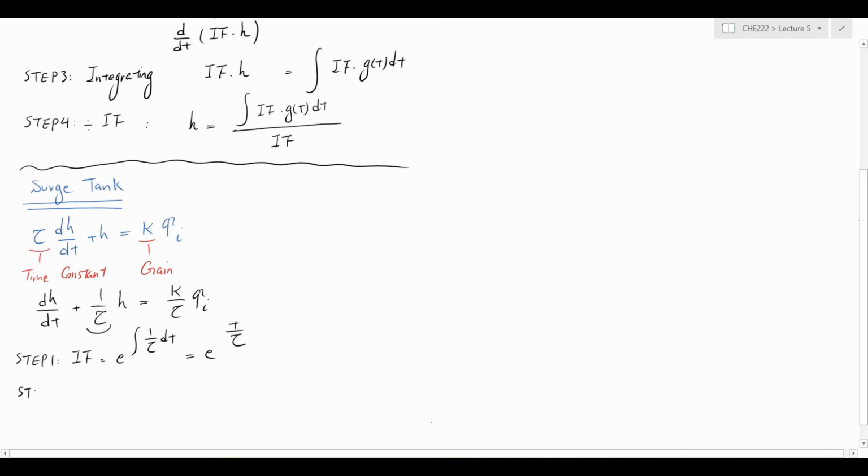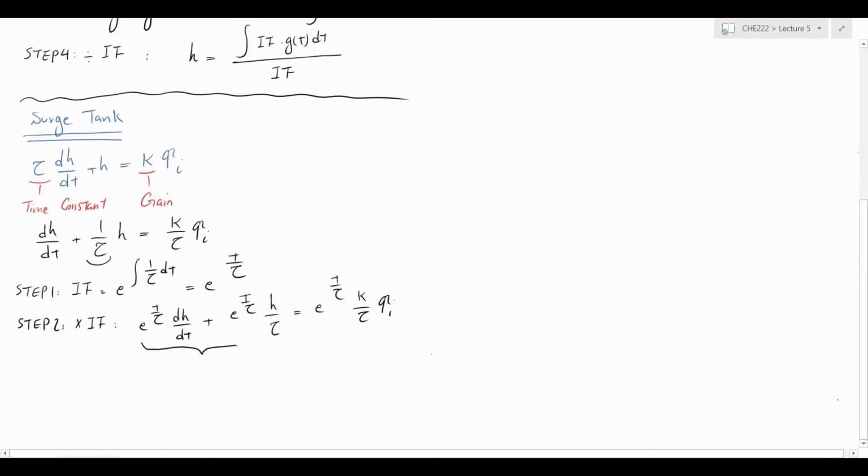Then step 2 is multiplying the two sides of the equation by IF, which gives me e^(t/tau) times dh/dt plus e^(t/tau) times h/tau is equal to e^(t/tau) times k/tau qi.